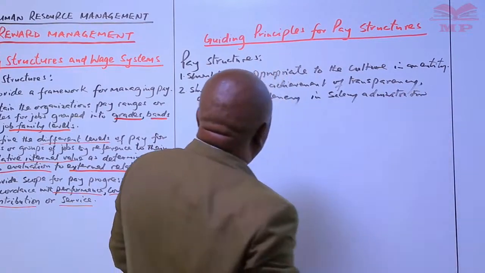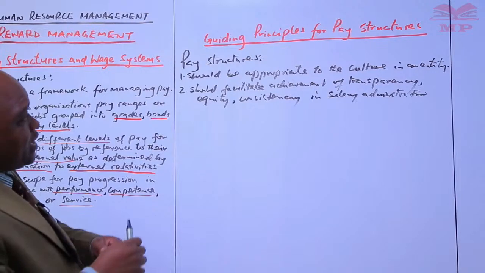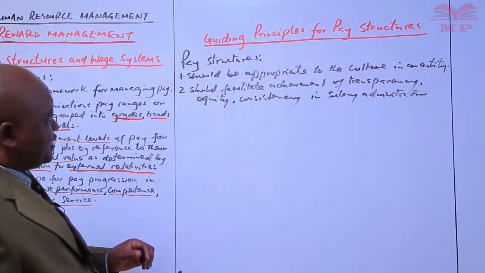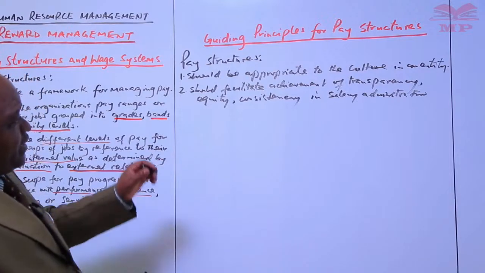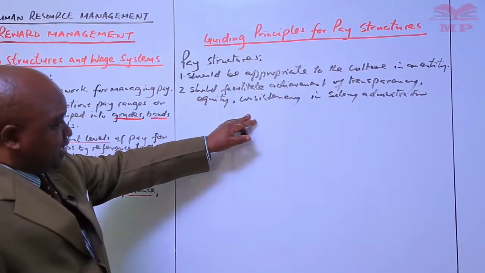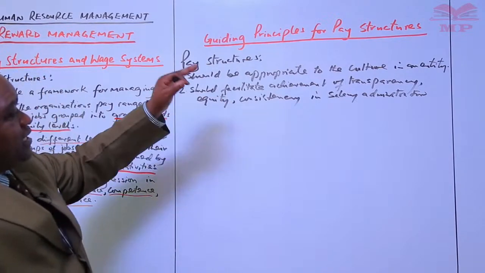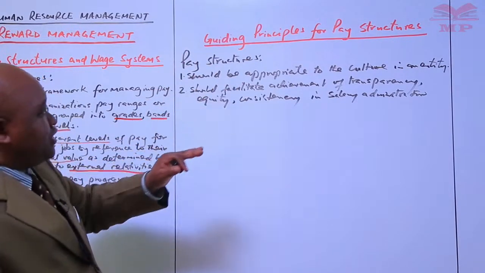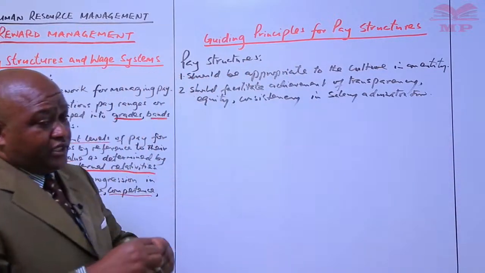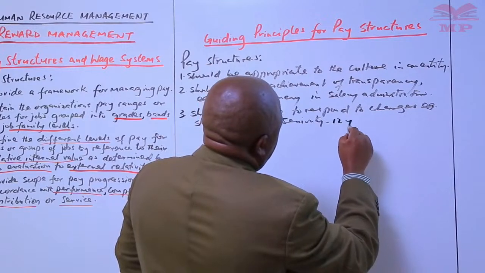So what you're saying, if you are looking at the pay structure, then that particular pay structure that is adopted by an organization, a guiding principle should be that this pay structure should facilitate equity, transparency, and consistency in salary administration. For example, say 12 years of experience.